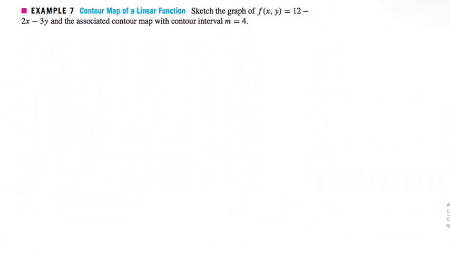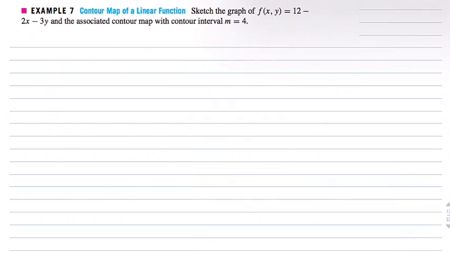Okay, so looking at this, sketch the graph. Now we have f(x, y) = 12 - 2x - 3y.